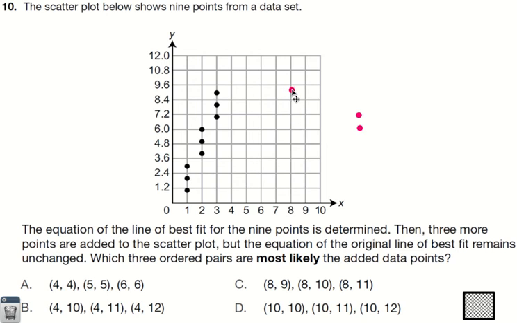Oh, God, no. 8, 9 would be right there. 8, 10 would be like there. 8, 11 would. Yeah, no. Still like in B. 10, 10. No, gosh. This is even worse. 10, 11. 10, 12. Yeah, it's B. Just had to check them all.